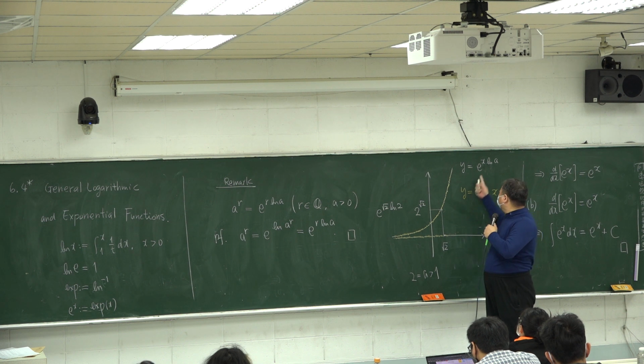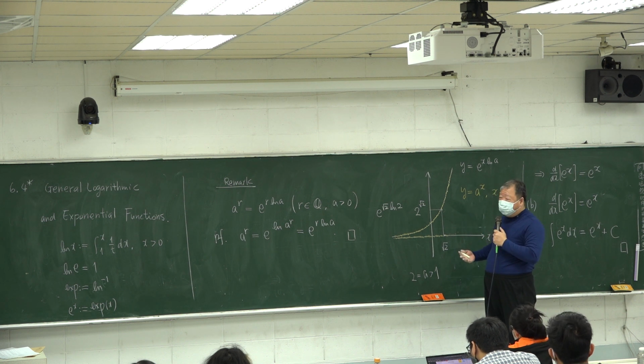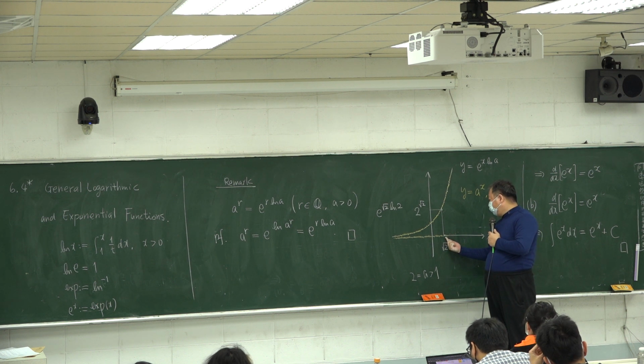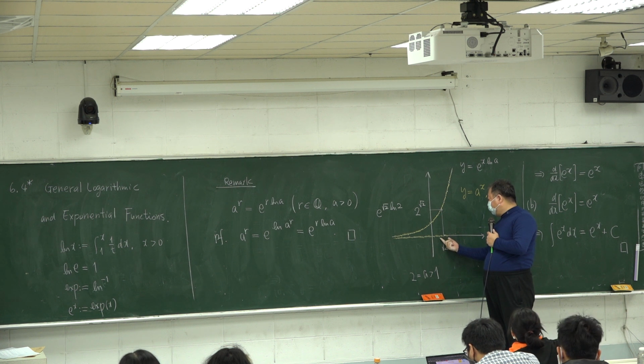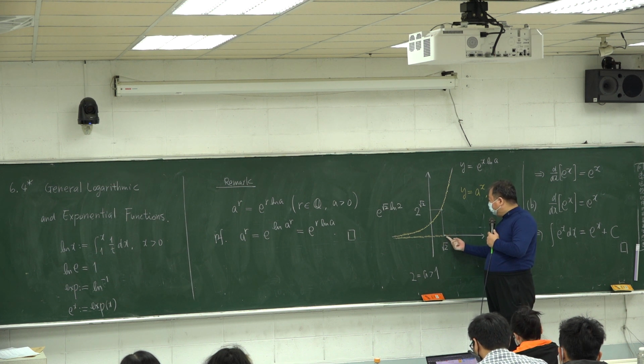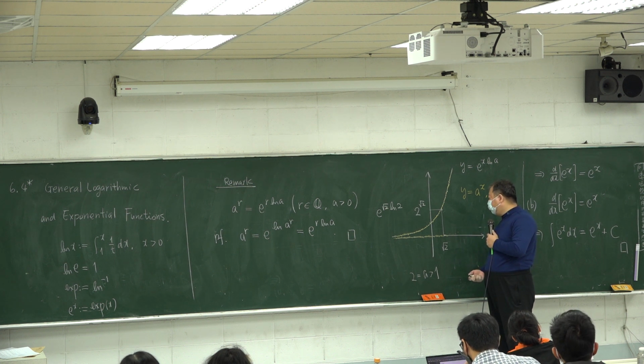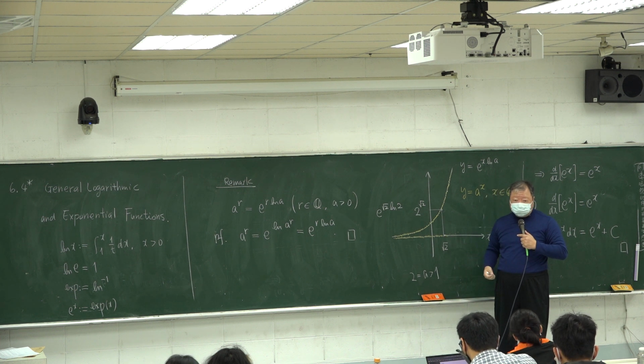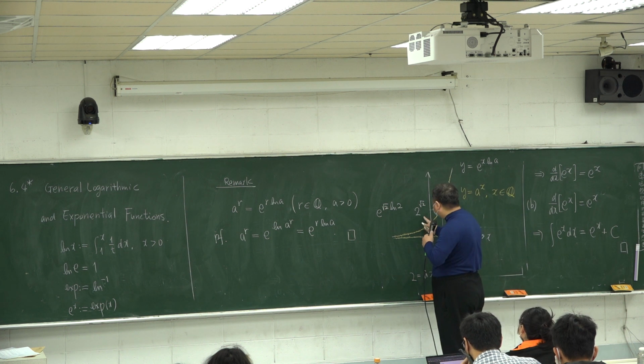But again, this function is a differentiable function. It's a continuous function. Since nearby this position, there are so many rational numbers, the behavior of this function can be determined completely by real numbers nearby. This is exactly the notion of limit. We can define this one to be this one.